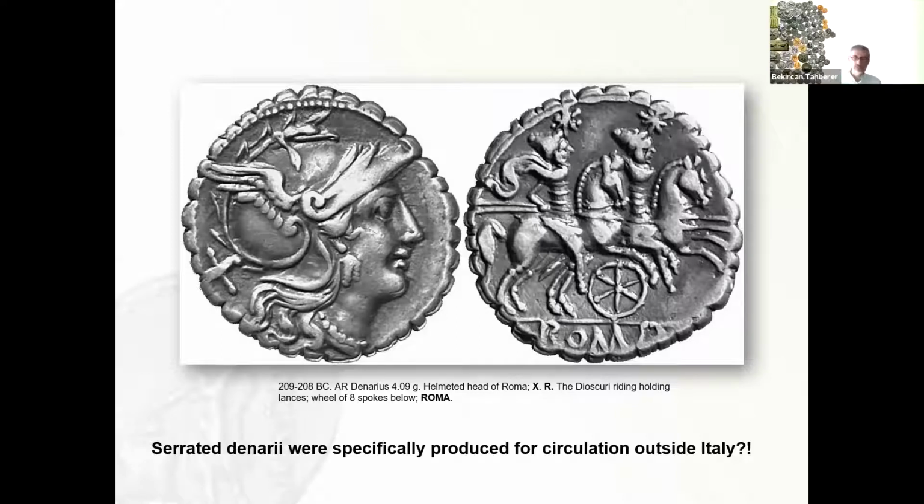However, I'm not really sure about the way they were produced in the first place. It would take ages to put almost 20 chisel marks around the edges of these coins, but we don't have any other explanation to it at the moment.